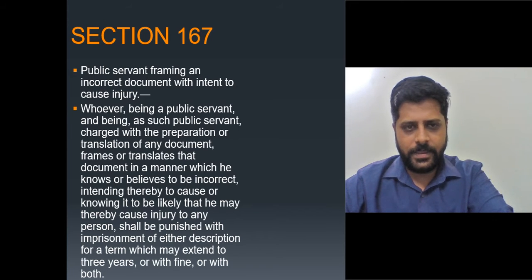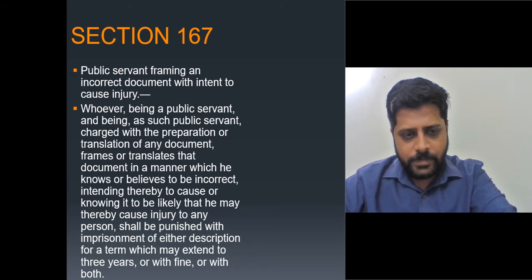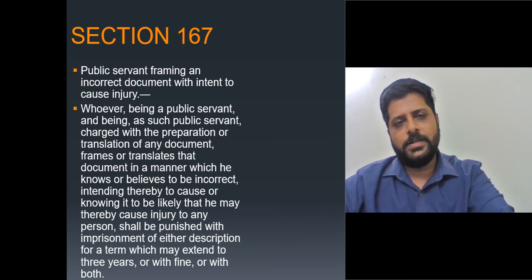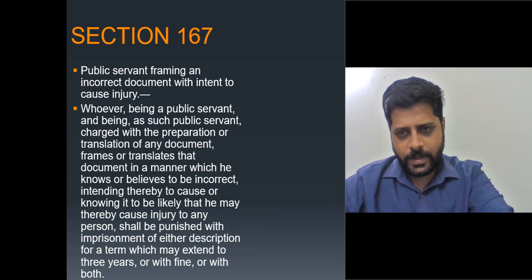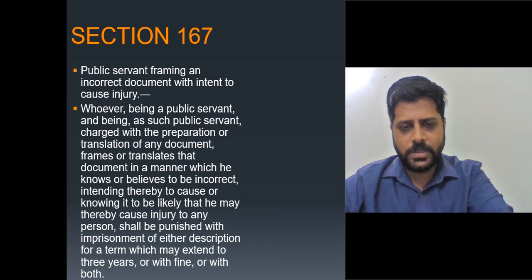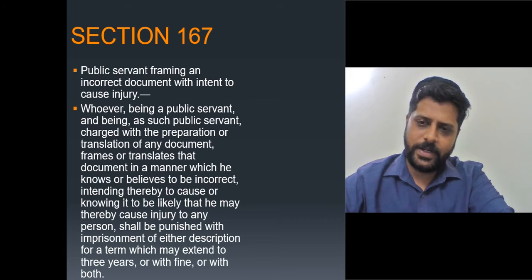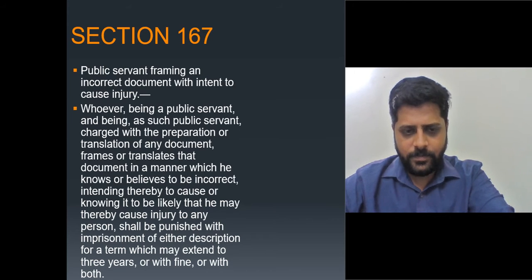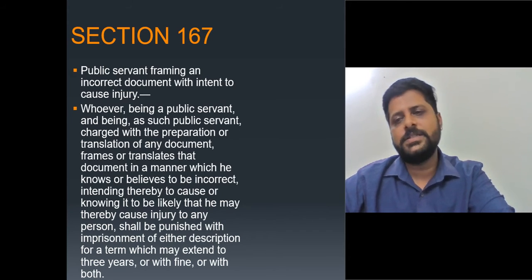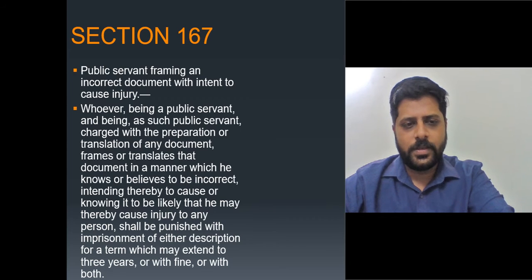In that case the public servant will be held guilty under section 167, whose punishment is a term of 3 years, or fine, or both.